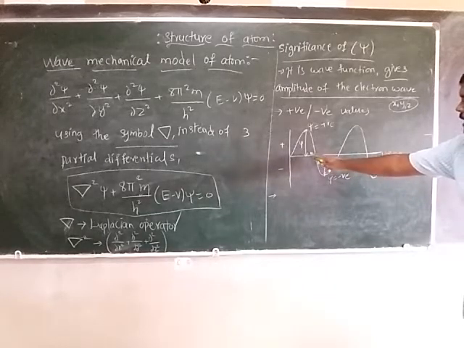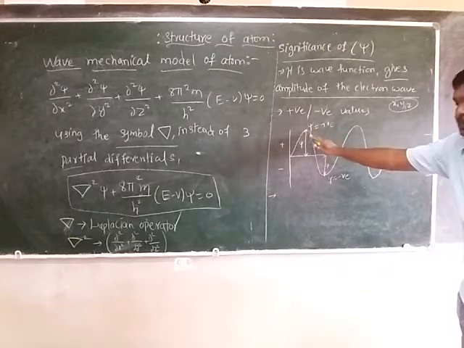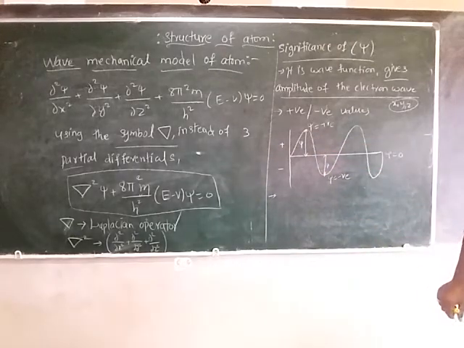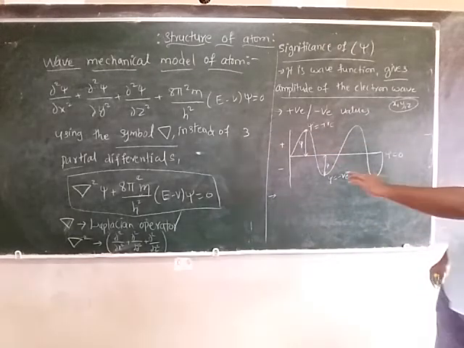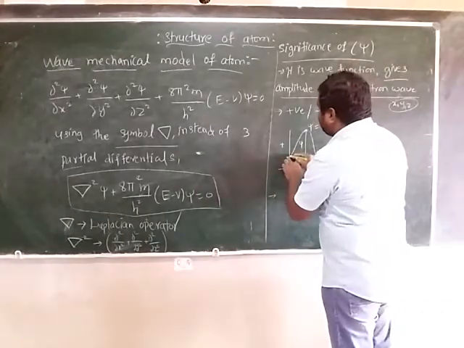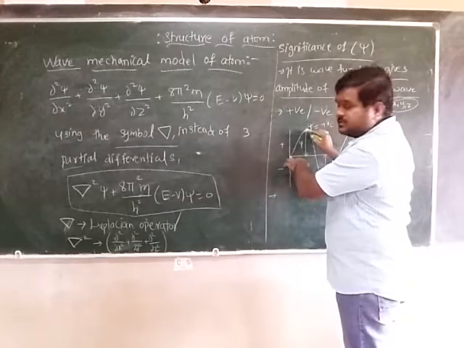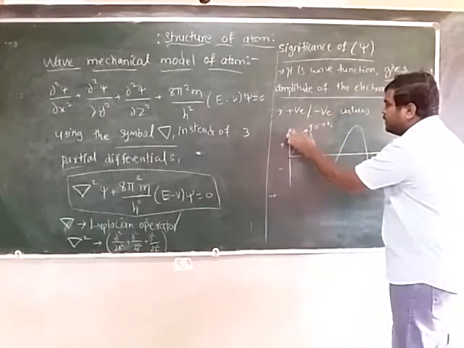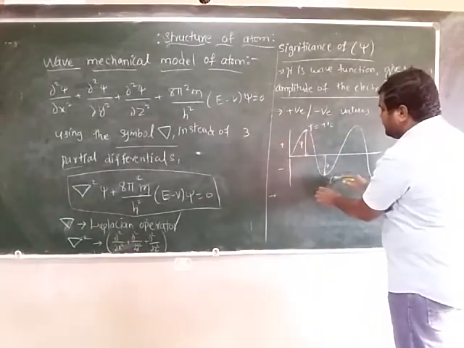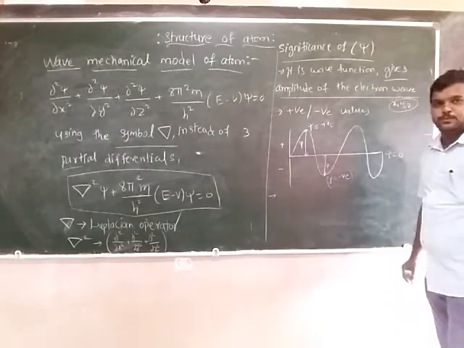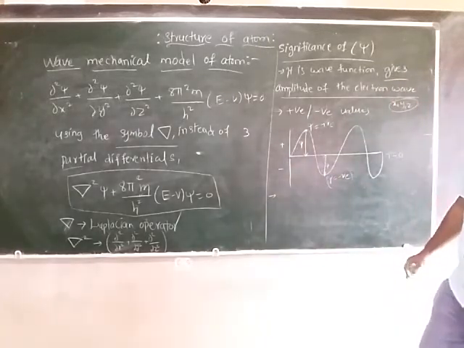So psi in the above is positive, the below is negative. Is it clear? So along the x-axis, the amplitude of the curve increases and reaches the maximum where psi is in a positive region. Then it goes down and psi becomes negative.